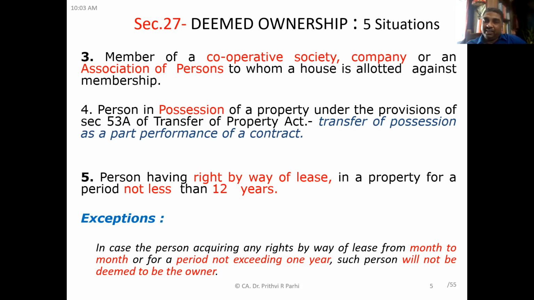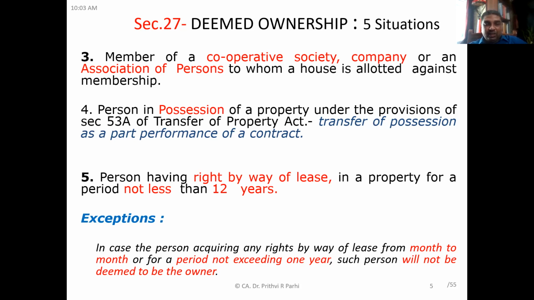And to this concept, there is one more exception. In case the person acquires any right by way of lease from month to month, that means it is a 1 month lease which gets extended from month to month, or for a period not exceeding 1 year, that means again a short-term lease, maybe for 6 months.